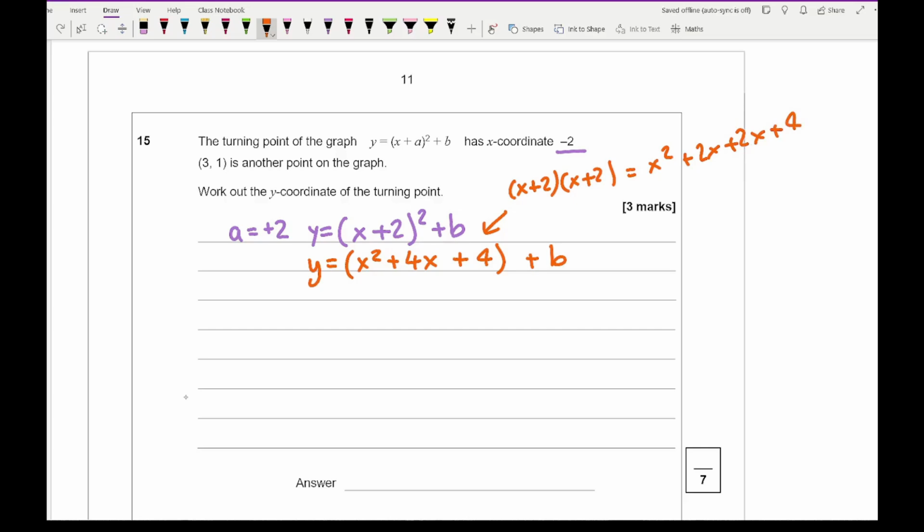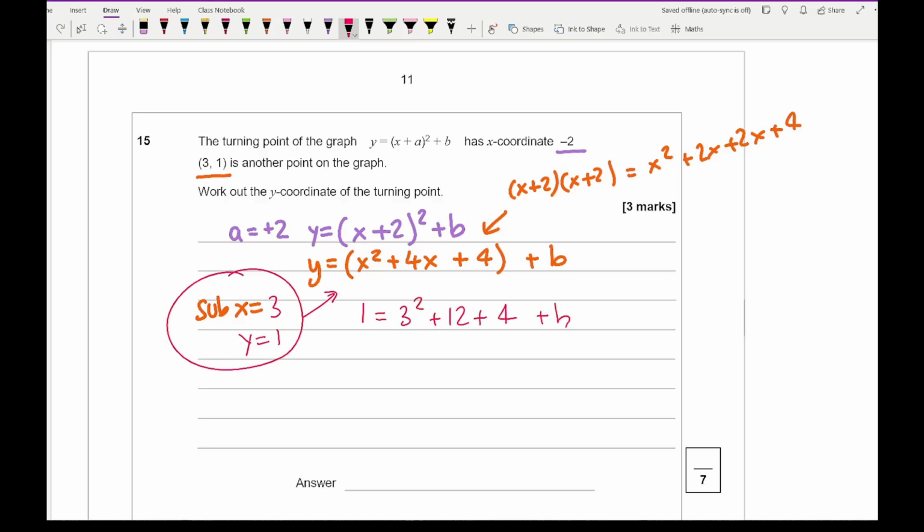Now, I know the coordinate that lies on the line, which is (3, 1). So if I substitute x equals 3 and y equals 1 into this, I end up with 1 equals 3 squared plus 12 plus 4 plus b.